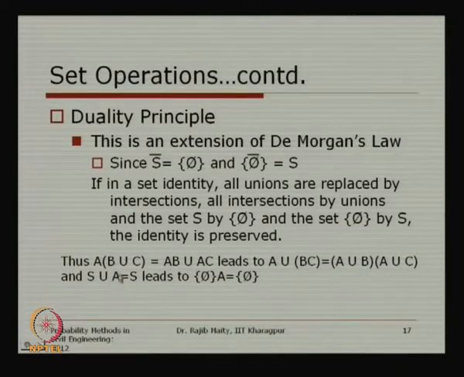If I take the union of any subset with S, that also leads to S. If I replace S by the null set, union by intersection, and A by this one, then the null set intersection A is the null set. This is known as the duality principle, which is an extension of De Morgan's law.